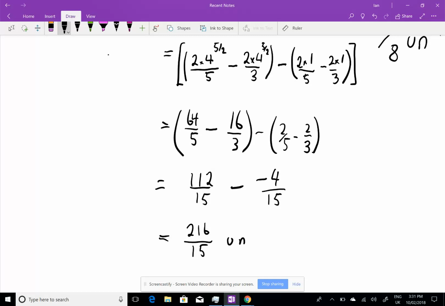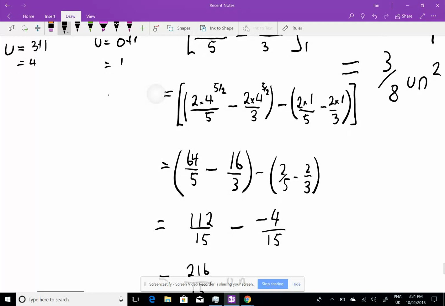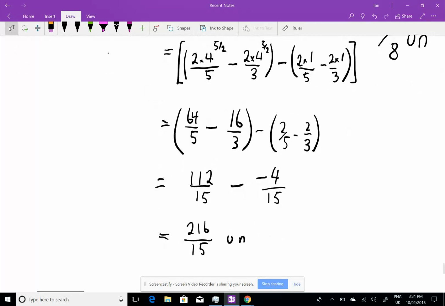Now, that's not 2 2/3 for question 8. So I've done something wrong here. I don't know if I should have done that in my head. I'm going to double check that. Oh, yeah. So 2 times 4 to the power of 5 on 2, 64.